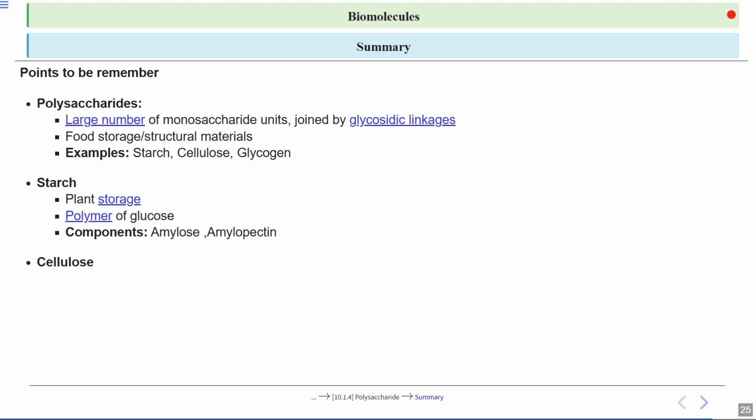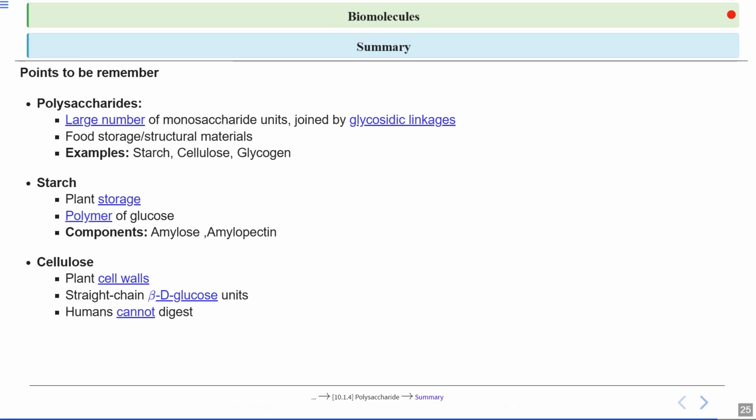Then we discussed cellulose, which is an important polysaccharide. Cellulose is the main component of the plant cell wall. It gives plants their rigidity and strength, allowing them to stand upright and grow tall. It is made up of straight chain beta D glucose units. The term beta refers to the specific orientation of glucose molecules.